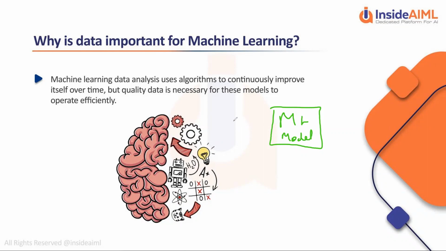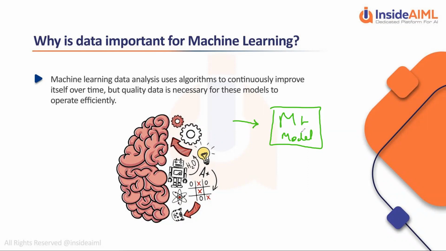So we need to make sure of the integrity of our data, that whatever we are putting in this ML model is proper, is not redundant, is consistent, so that our model can learn from it. And the more data that you put in these machine learning algorithms, the better the result you will get. So the better the learning this model will have.